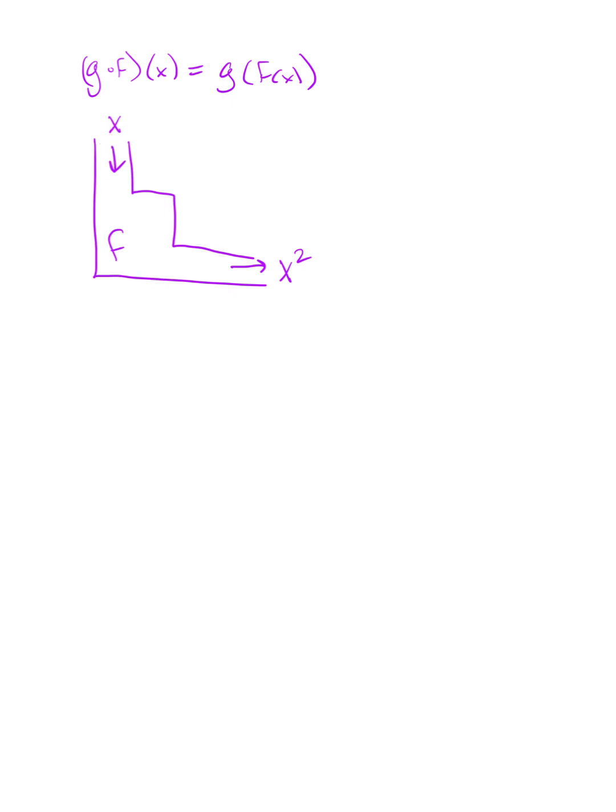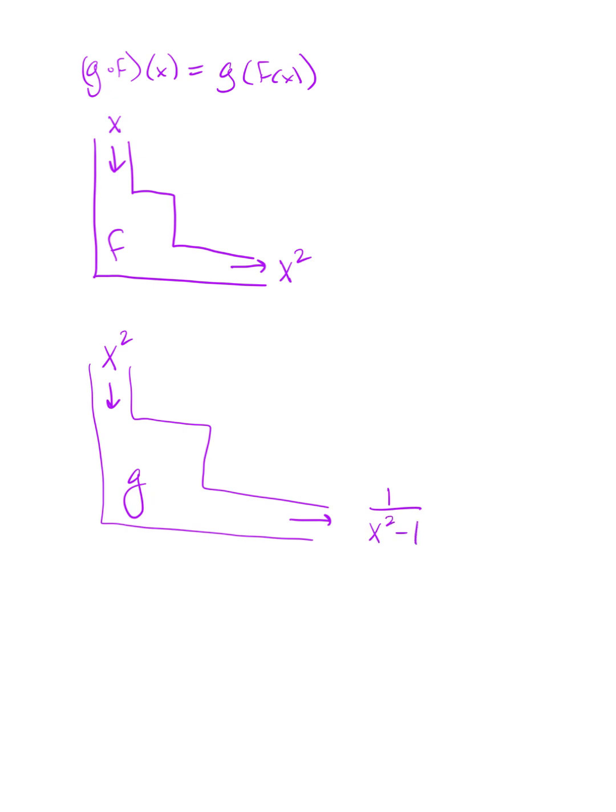There's no number you can't square. So f never jams, okay? Then I'm going to take the result from f and drop it into the g machine. So here's my g machine. I take my x squared, I drop it in, and out comes 1 over x squared plus 1.